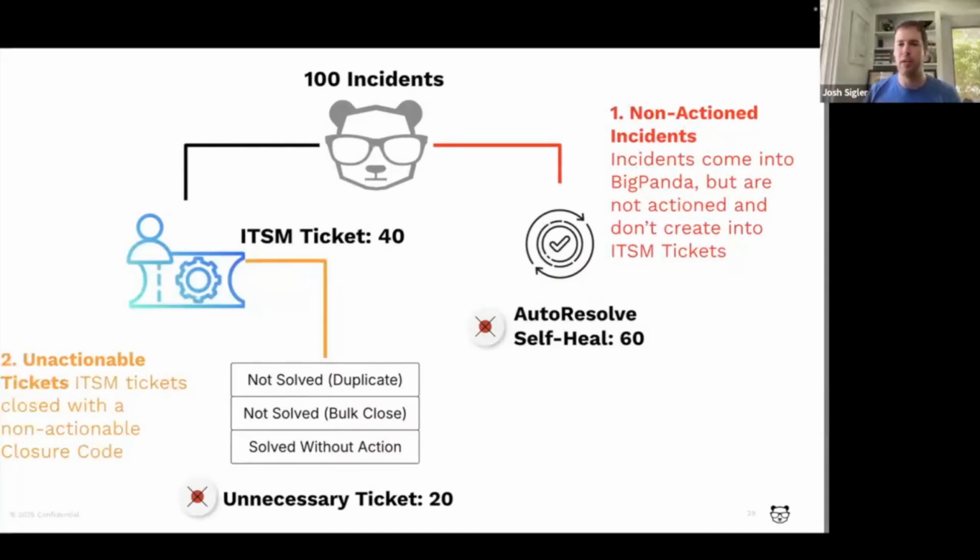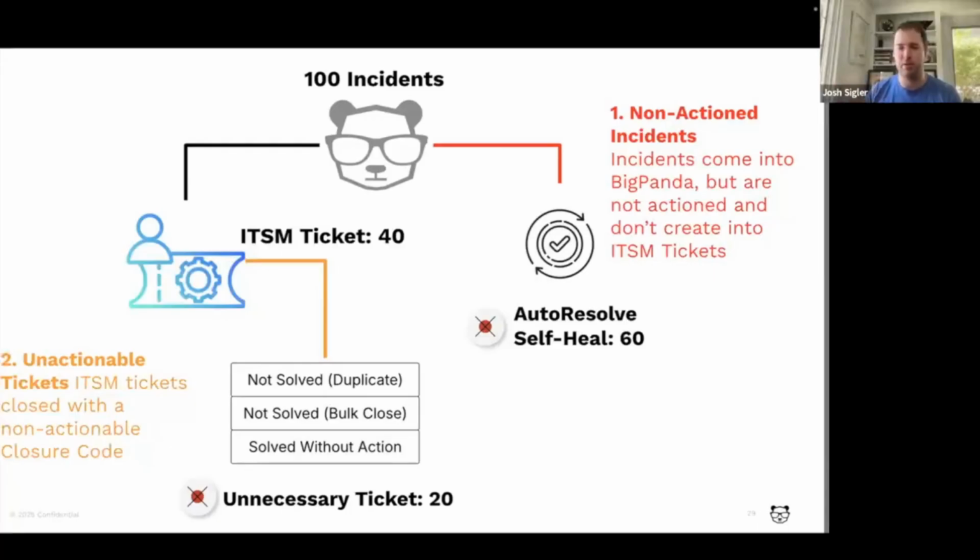It's the old saying: if a tree falls in the forest and no one hears it, did it even really fall? It's the same thing here with BigPanda and ITOps. If those 60 incidents never even went to BigPanda, would anyone even notice? And if no one notices, why did you send them in the first place?